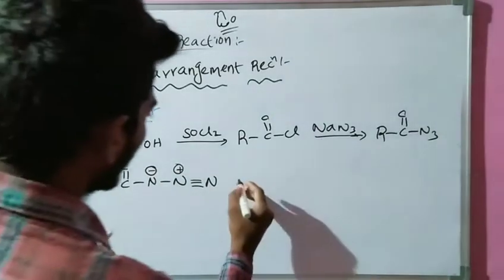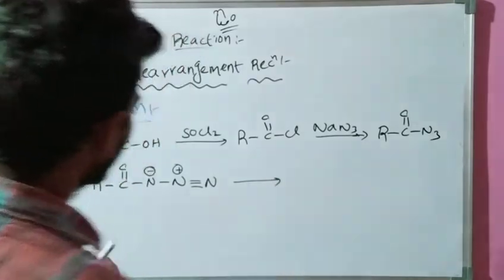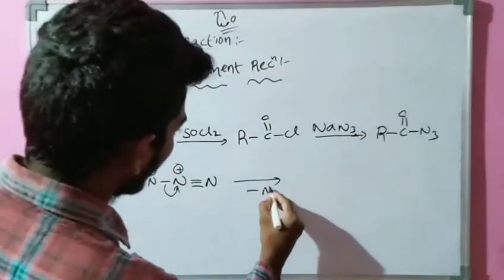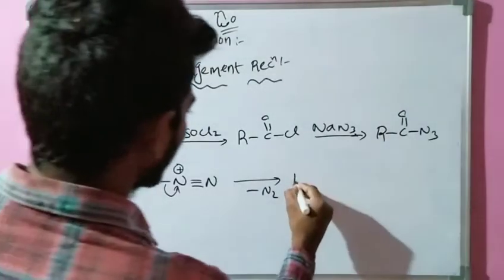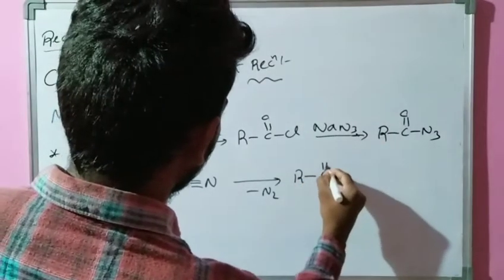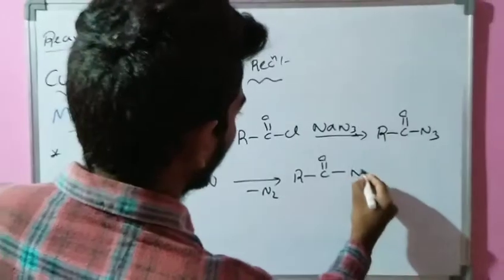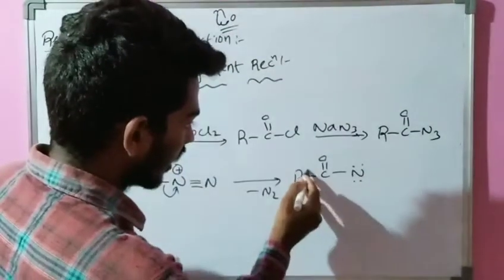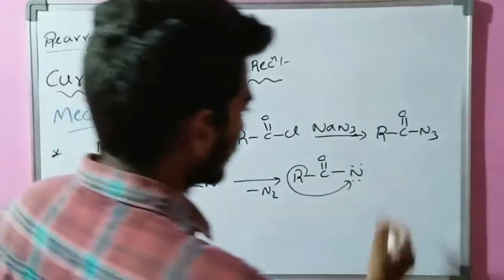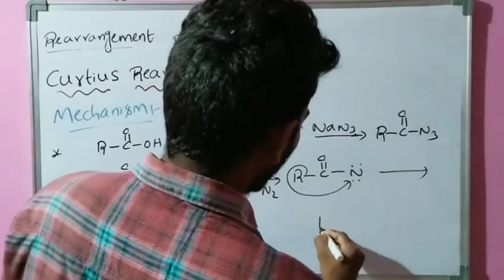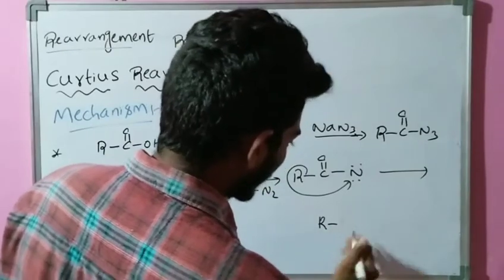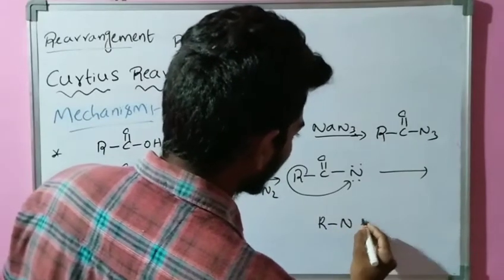Now we see the mechanism. Here this bond migrates, with removal of nitrogen, and it forms a carbonyl nitrene. The alkyl group migrates and it forms this type of intermediate.